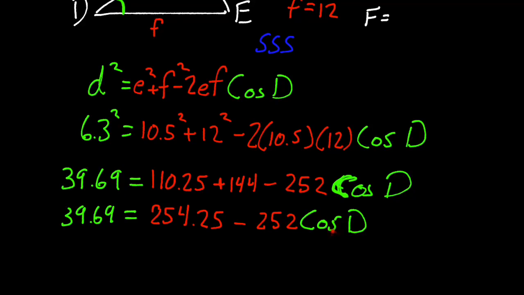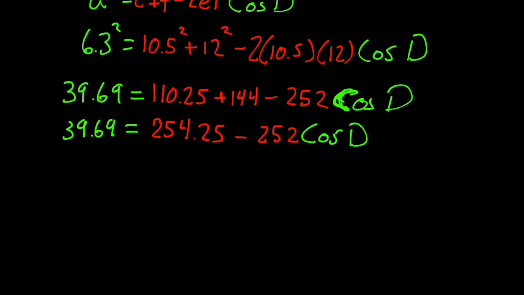Alright, so let's get this term all by itself. Since this is being multiplied, really this is just a more complicated version of something like 5 equals 3 minus 2x. Okay? If I want to solve for x, I got to get rid of this part first. And that's what's happening here. So let's get rid of 254.25. We'll subtract that from both sides.